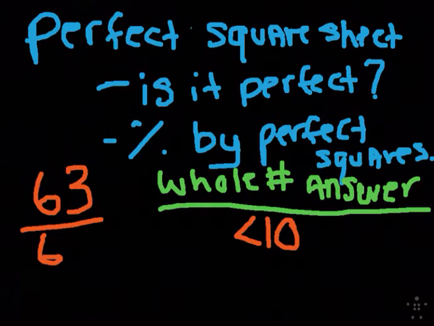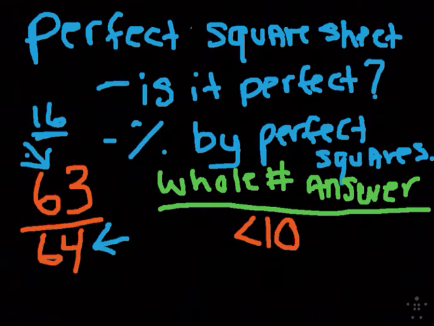Once you get to the perfect square of 64, you want to stop, because the number on the bottom that you're dividing by, the 64 perfect square, is bigger than 63. So once it is larger, you want to stop, and you want to use the perfect square that you found in the beginning. So the largest perfect square that you found so far. So let's say the largest perfect square that you found so far, which is, this is not true, was 16. Then you would use that number.